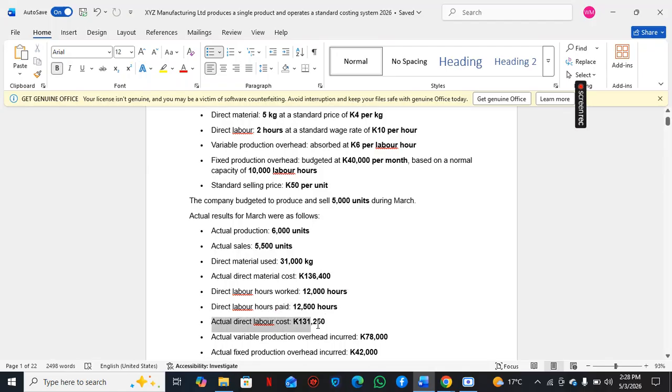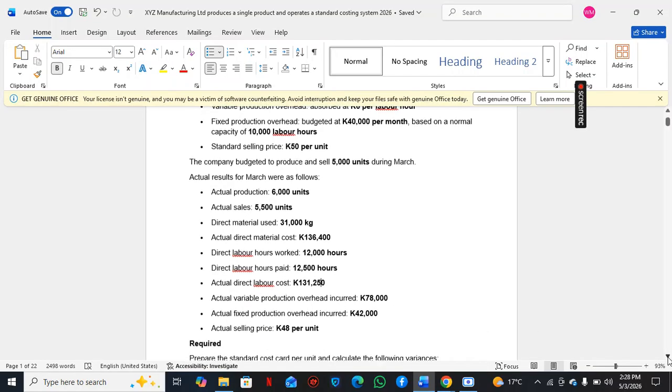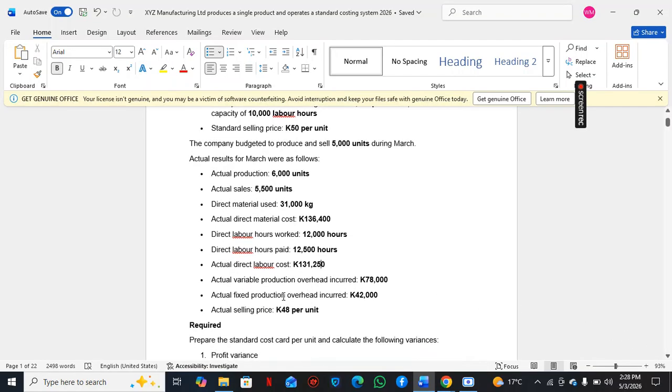Actual direct labor cost was 131,250. Actual variable overhead incurred was 78,000. Actual fixed production overhead incurred was 42,000. The actual selling price was 48 kwacha per unit.